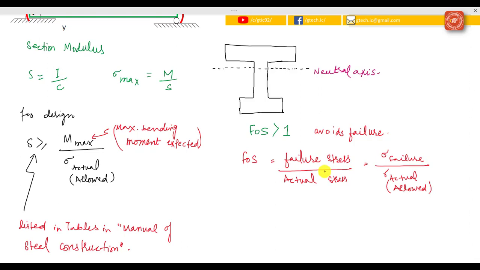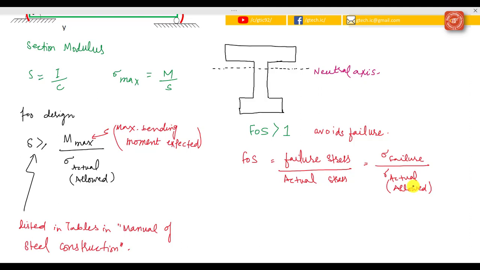Most of the time it's the yield stress over the actual stress that is experienced, so we have the sigma failure over the actual or allowed stress that we are going to design for.